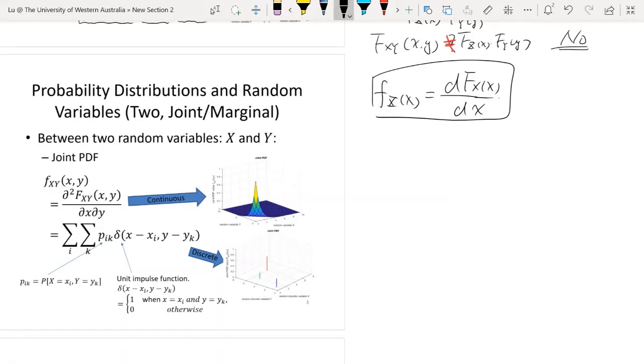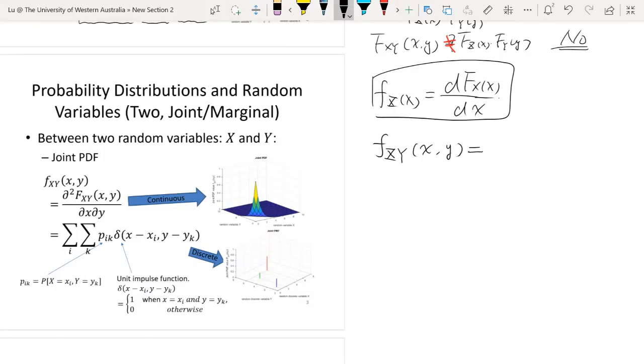Now we are moving on to the two random variables case. The idea is the same. The notation for the joint PDF is also a lower-case f, but this time we have two random variables involved, X and Y, so we need two parameters, lower-case x and lower-case y.